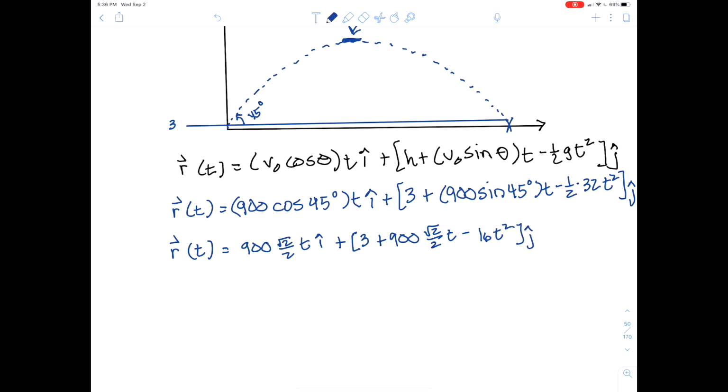That's times j. Okay, so r at t will then be 450 root 2 t i, plus negative 16 t squared plus 450 root 2 t plus 3, and that's times j.